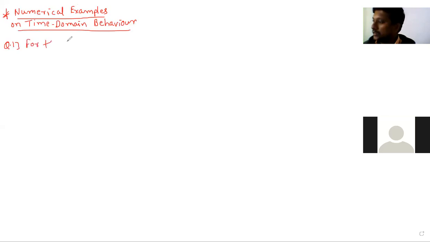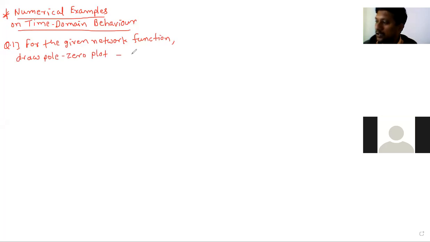For the given network function, draw the pole zero plot and obtain the time domain response.